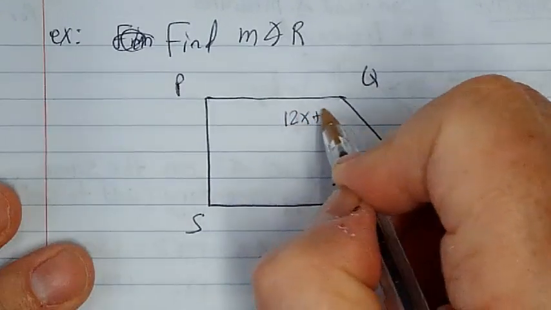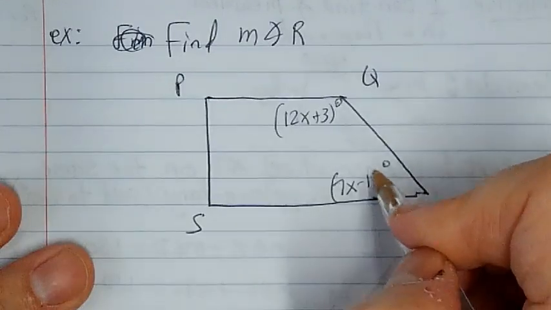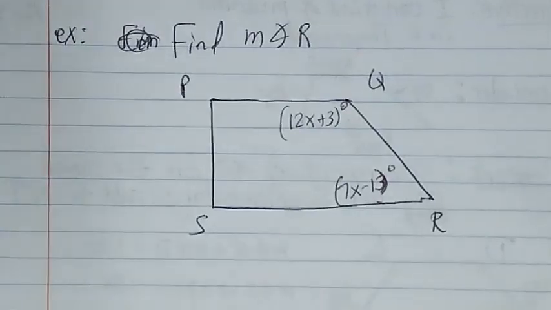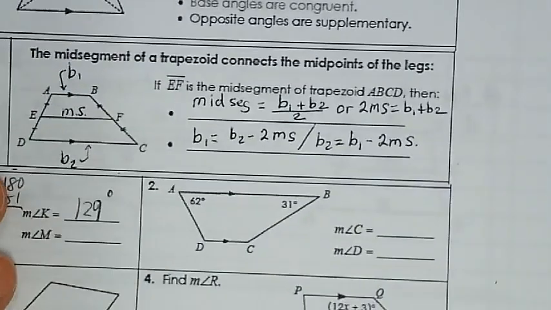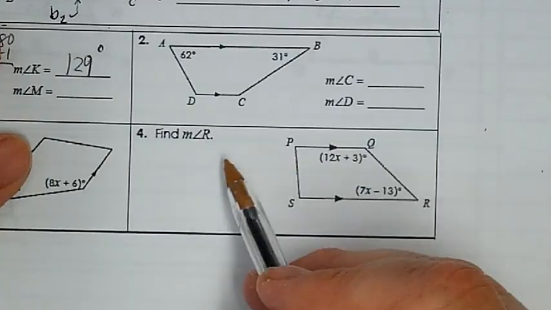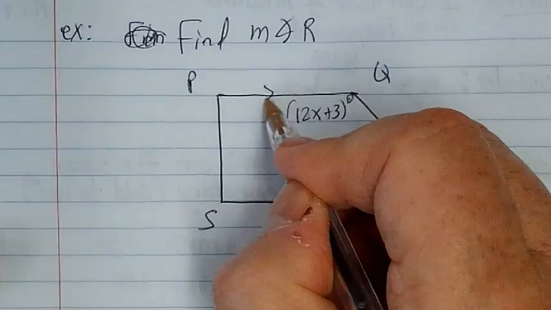Now this is the challenge. If you can't read it, all I did was copy number 4 on your paper. But I didn't want you to do that because the space is restricted, and I want you to get practice in copying this. So the goal is set up the proper equation.